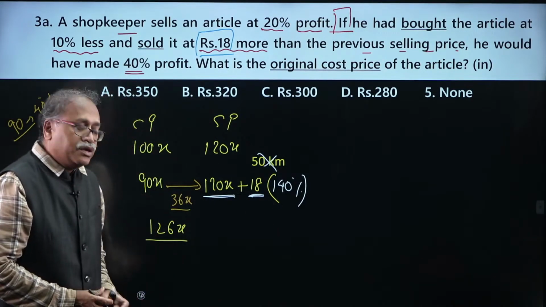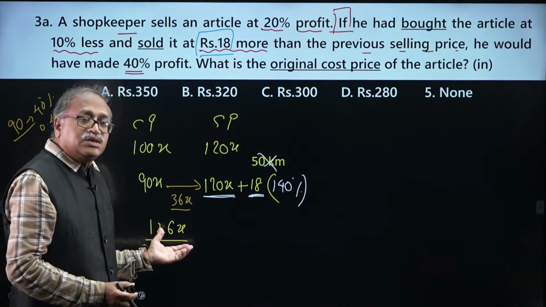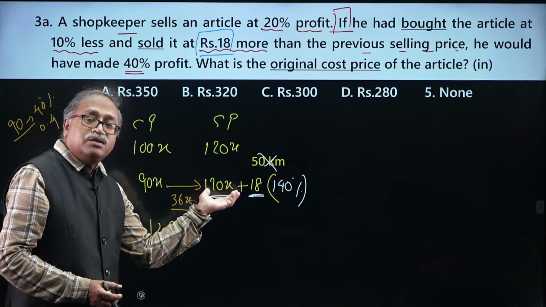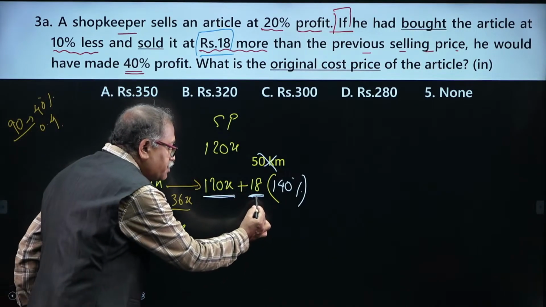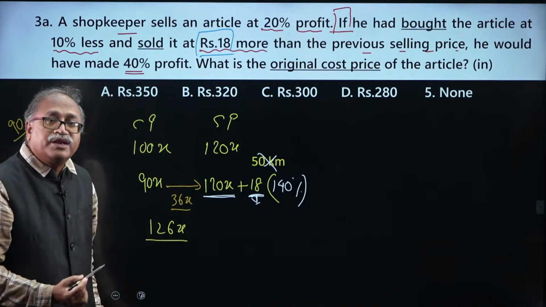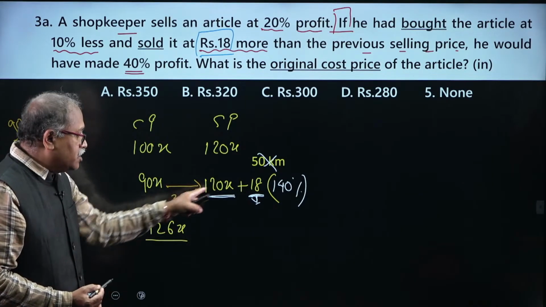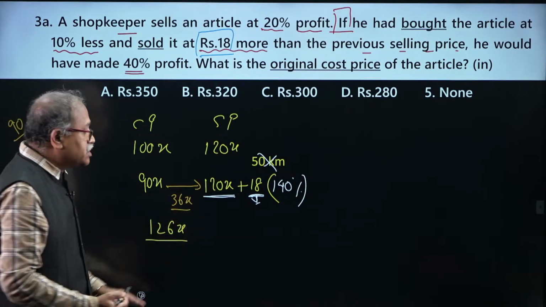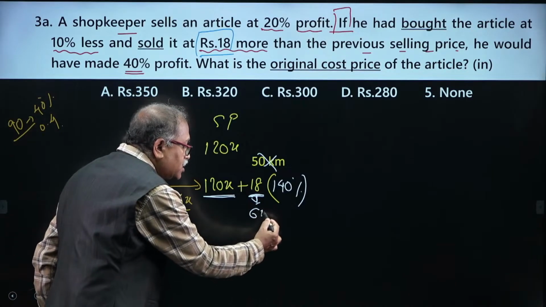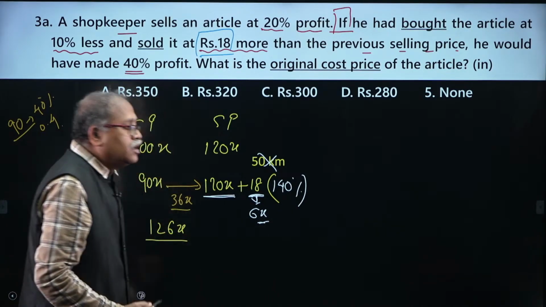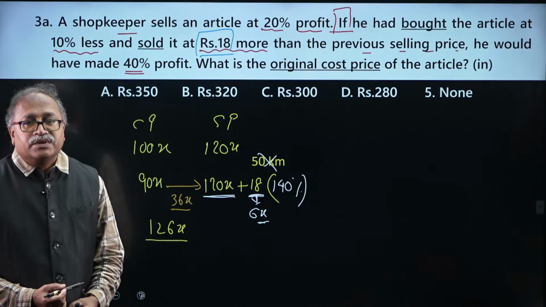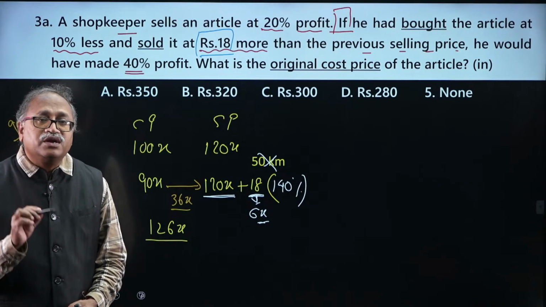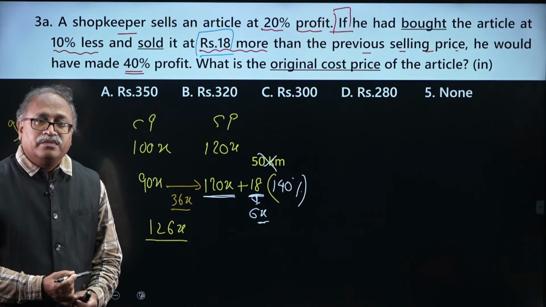Now, please tell me, if 126x is equal to 120x plus 18, so this 18 will represent what? How many x? Then obviously the difference between these two, which is 6x. So, I know that 6x is equal to 18, therefore, x is equal to 3. In a competitive exam, we do not write the things step by step, right.